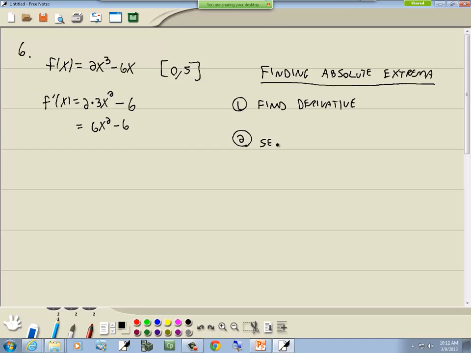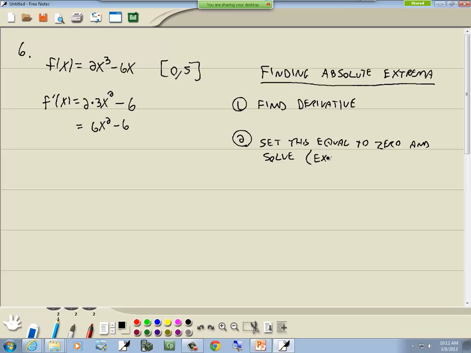Step 2. Set this equal to 0 and solve. And this, of course, gives us our critical numbers, which we saw from earlier.